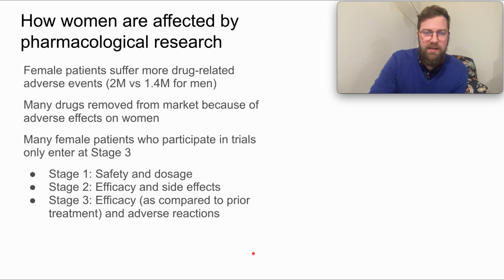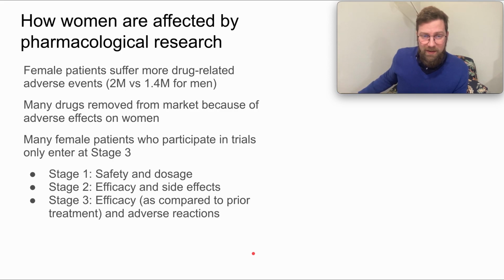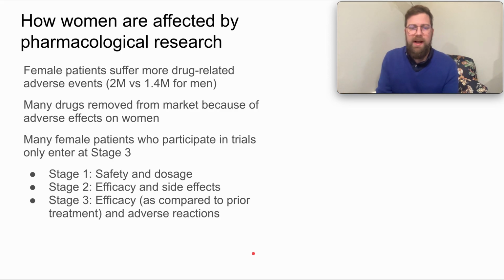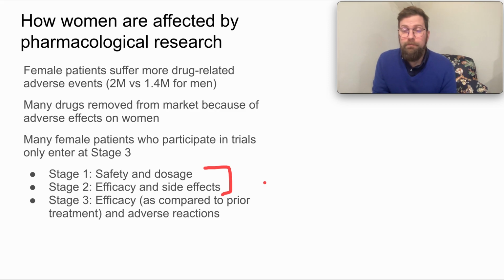And then at stage 3, this is where efficacy in general is determined. And it's at this point that women, that is female patients, are included in the trials, where they're starting to figure out exactly how effective this drug is and what the adverse reactions are. So in this way, women are not specifically studied for dosage or general efficacy.